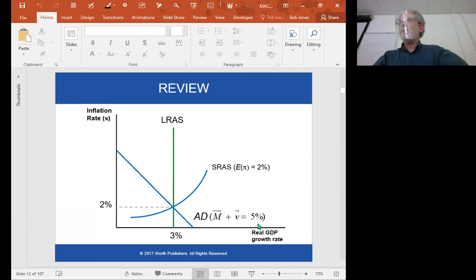Okay, so that parenthesis, it doesn't mean we're multiplying something. It's a parenthetical comment. It's saying, here's what aggregate demand is, given that we're assuming the sum of the growth rate of money and velocity is 5%. So every point on that aggregate demand curve is a combination of the inflation rate and the output growth rate, where they add up to a total of 5%.